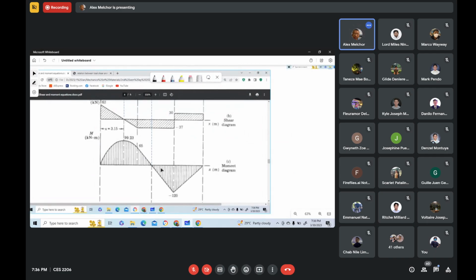Now, the moment at A, it's better to show all, no? The load diagram, shear diagram, and the moment diagram.